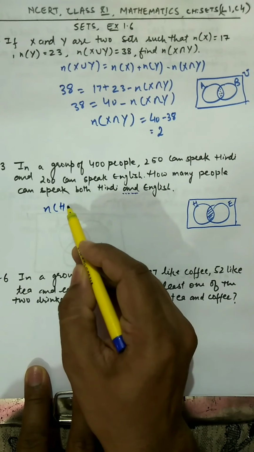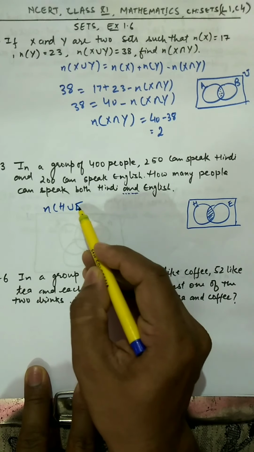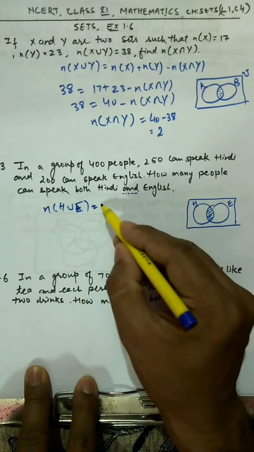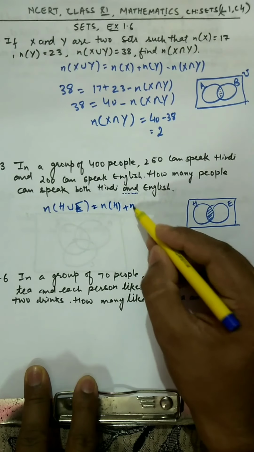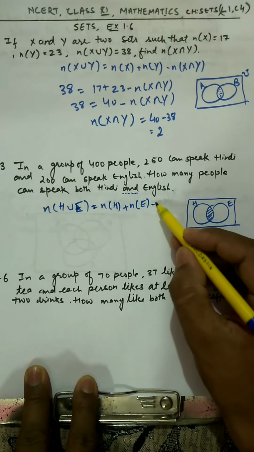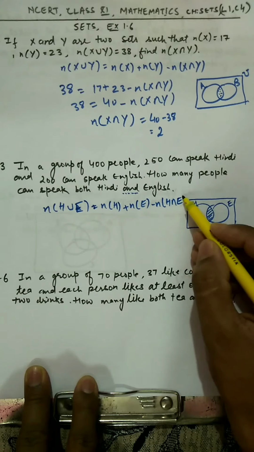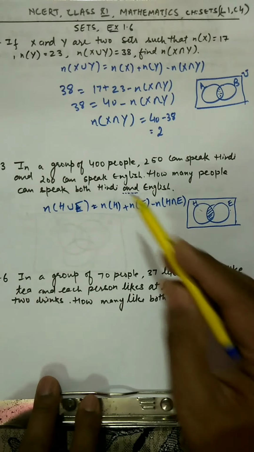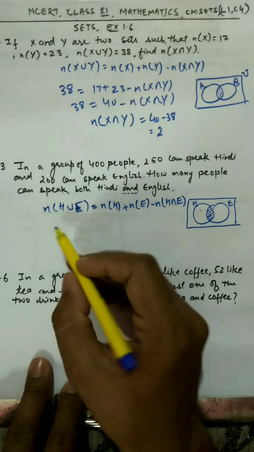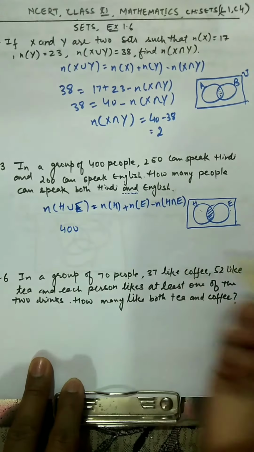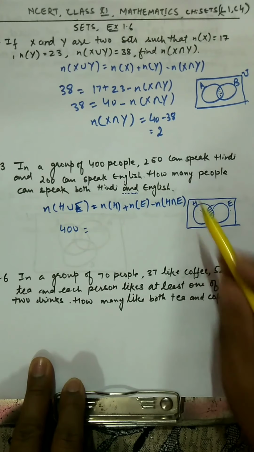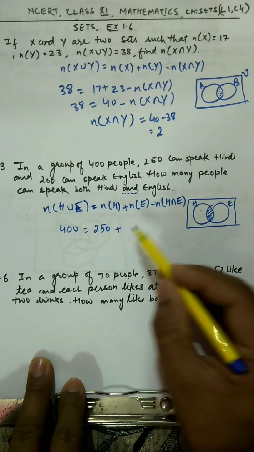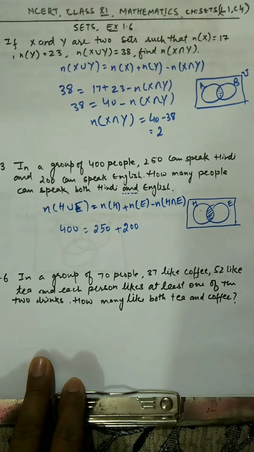Now n(H union E), where H represents Hindi and E represents English, is equal to n(H) plus n(E) minus n(H intersection E). What information do we have? 400 people is the union, 250 are the people who speak Hindi, and 200 people can speak English.